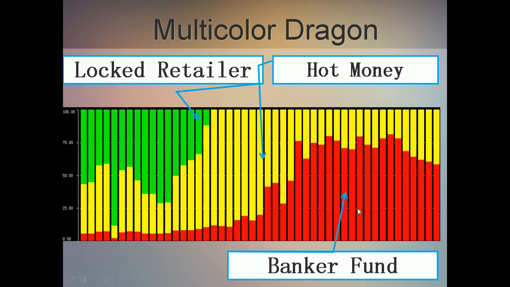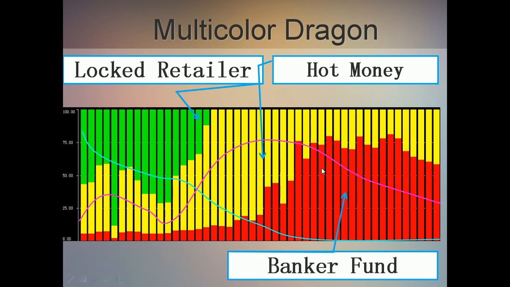The multicolored dragon has different colors. You can see this blue line means the 10 days moving average of locked retailers. And then you can see another line, this pink line.